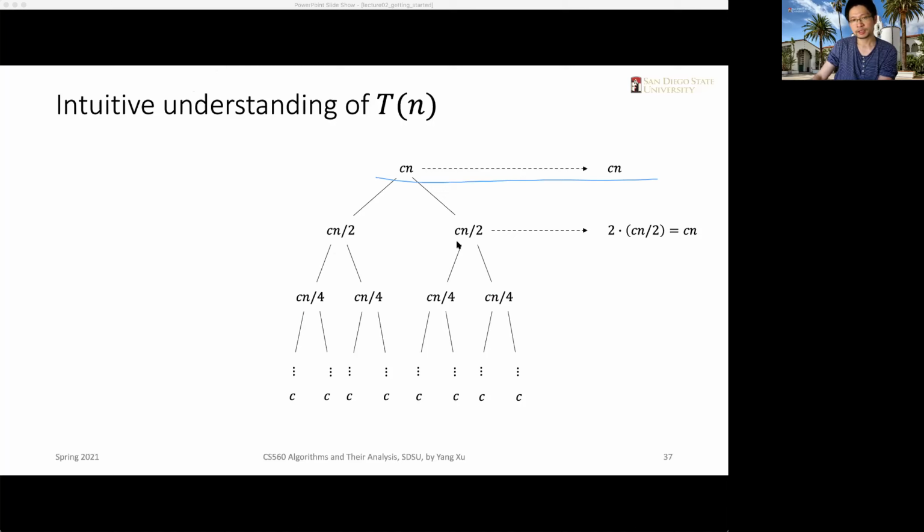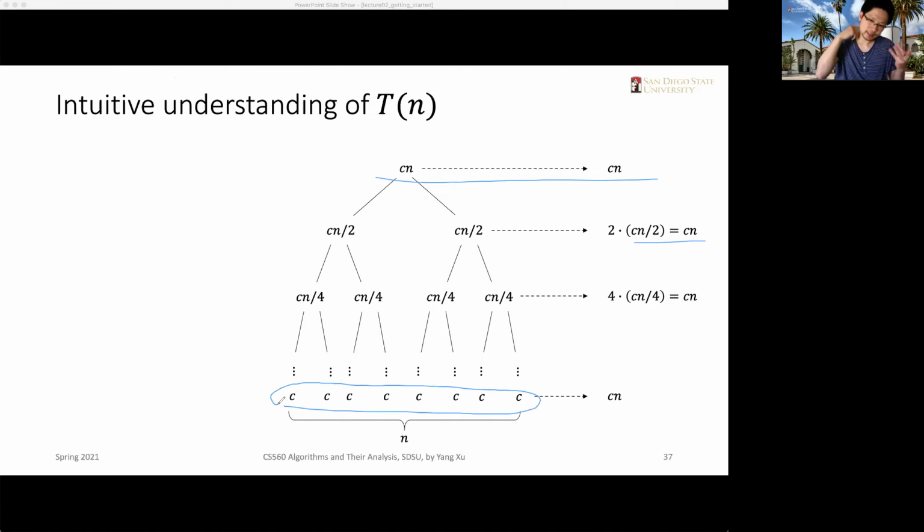Level 1 also gives us c times n. And if we look at all these levels, we will see that they all sum up to c times n, right? Because if you look at the last level, the bottom level, an input that has n numbers, then the cost will be c times n, because each number corresponds to 1 c. So all we need to do next is to sum up all these c times n's.